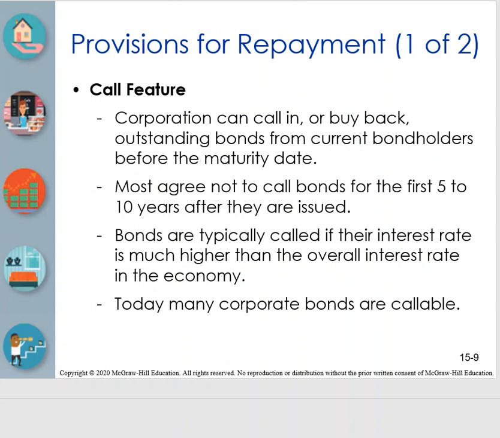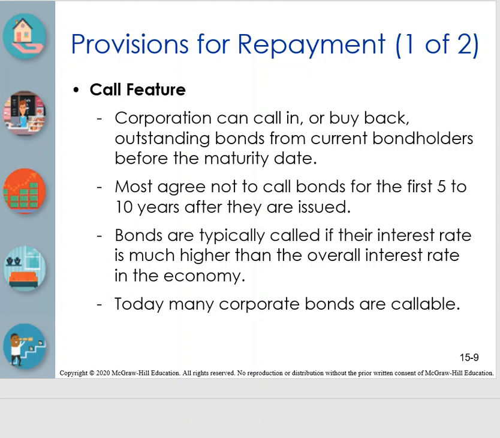Most corporate bonds today have what's called a call feature for the corporation, which means the corporation can call back or purchase back the outstanding bonds. Usually, bonds are typically called back if the interest rate is much higher than the overall interest rate in the economy.